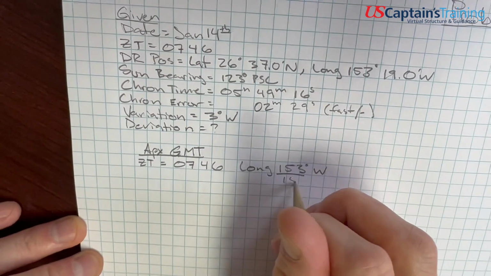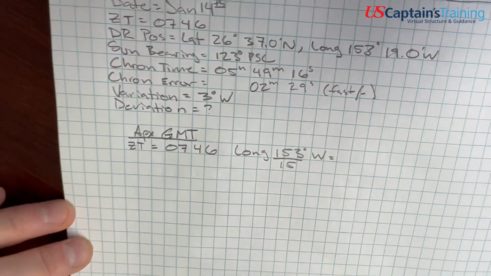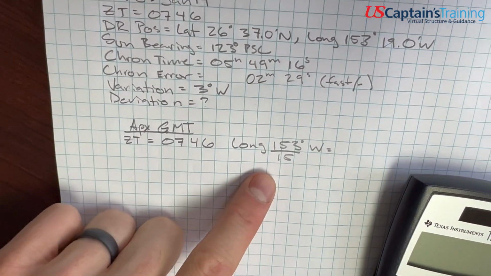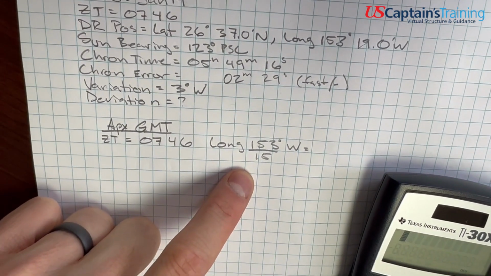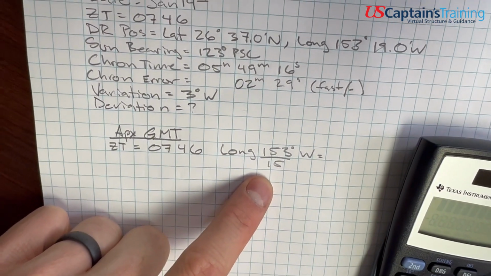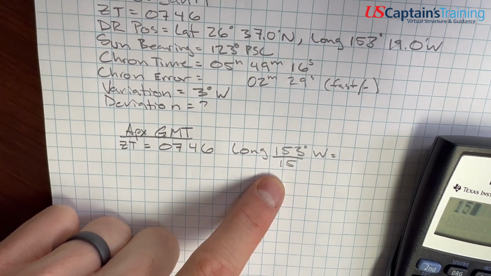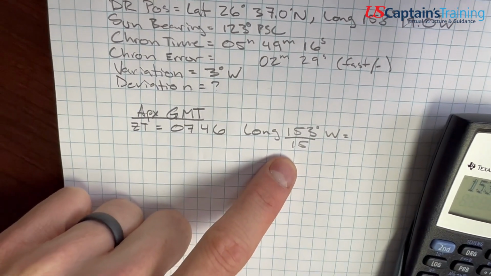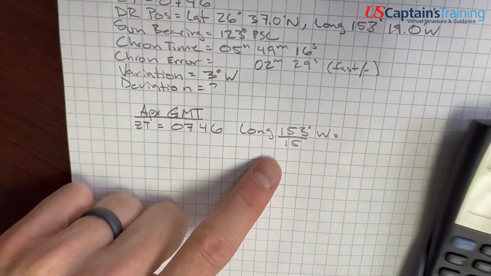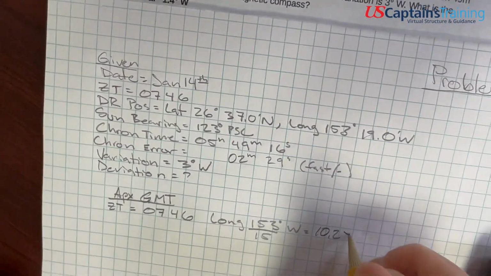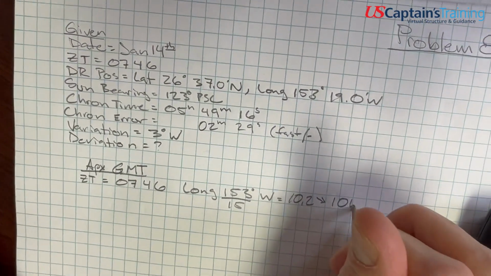Divide it by 15. That'll get us back to Greenwich Mean Time. 153 divided by 15 equals 10.2. We're going to round that down to 10 hours.